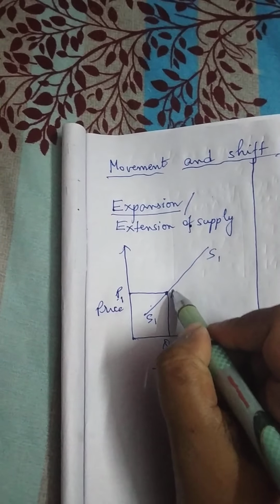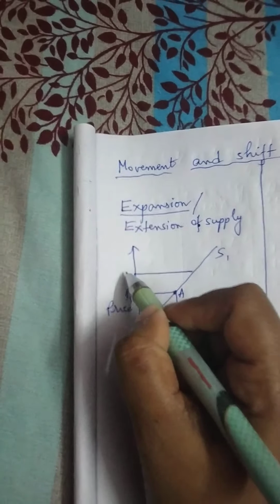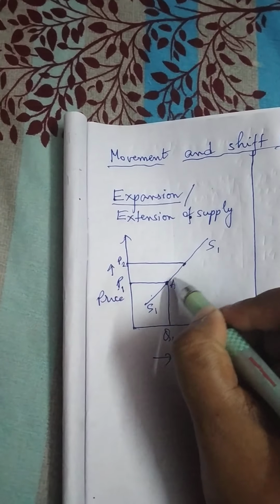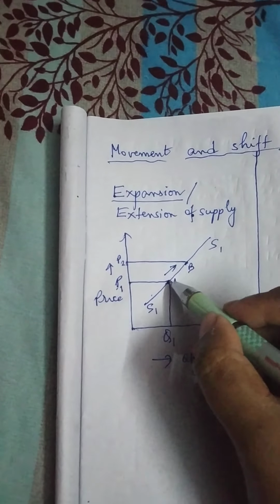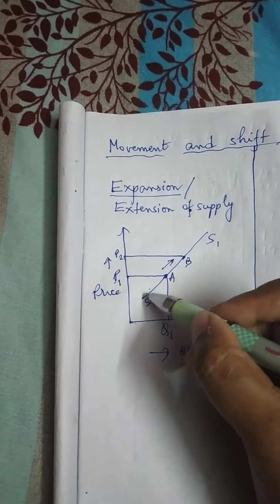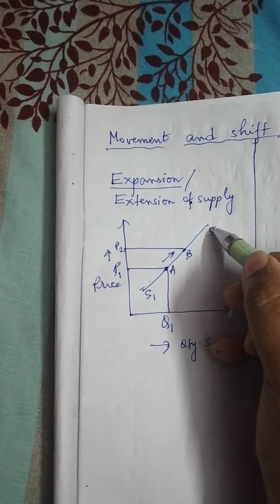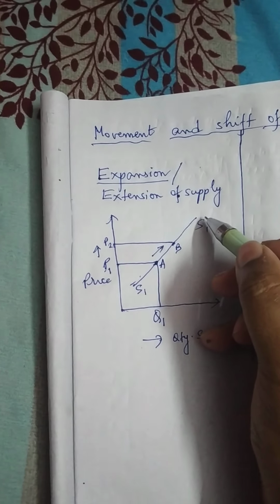So suppose the initial point is A and now price increases from P1 to P2. Thereby the point shifts from A to B. This movement, upward movement along the same supply curve S1, S1 is called the expansion or extension of supply.